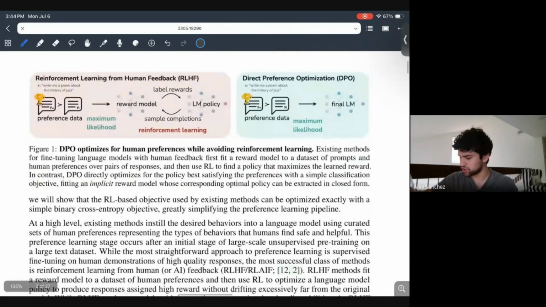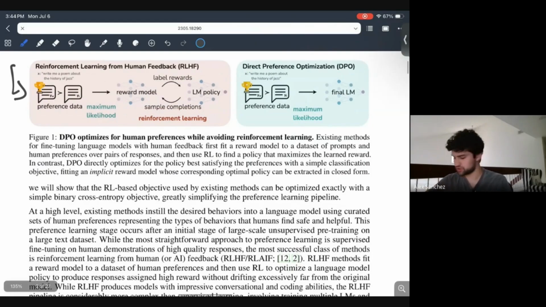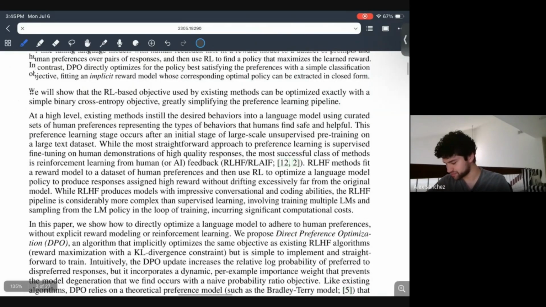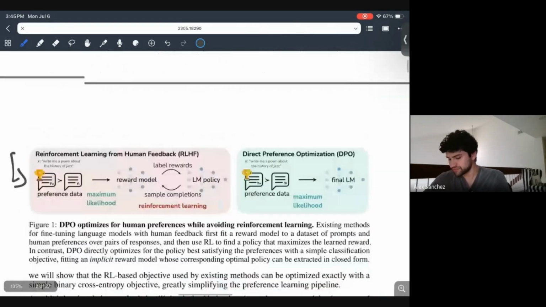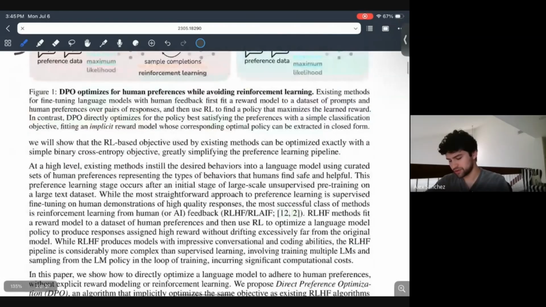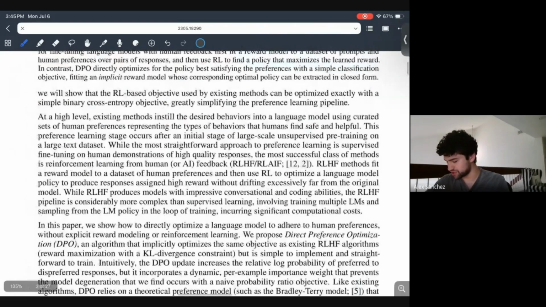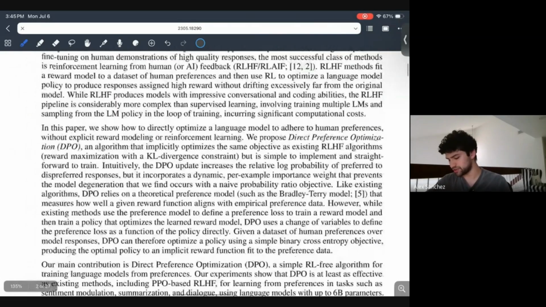I don't think these charts actually give the best explanation of how this works. So we're going to go straight to the math and all of that stuff. Here in this introduction, they just talk about language models, very smart pieces of machinery, and RLHF.